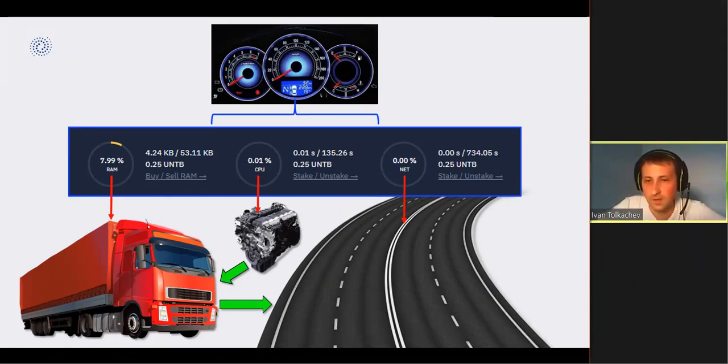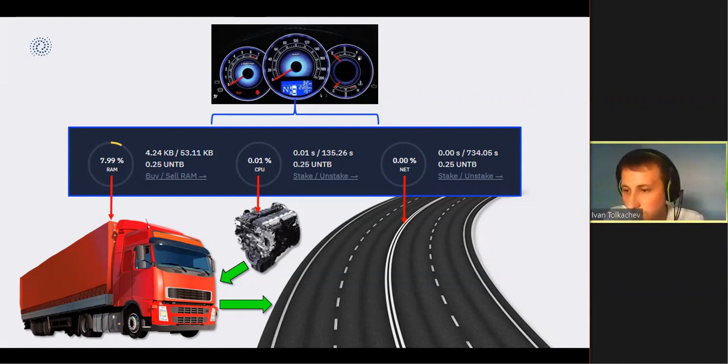For instance, there is a fuel indicator and a speed indicator, and parameters such as RAM and NET are indicators suggesting the amount of fuel in your wallet. RAM is the memory in kilobits. The memory is needed for the blockchain to keep data about your transactions.